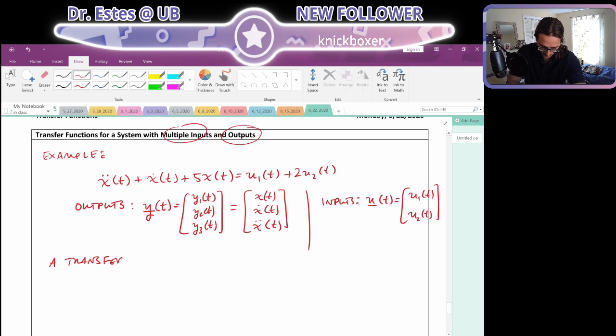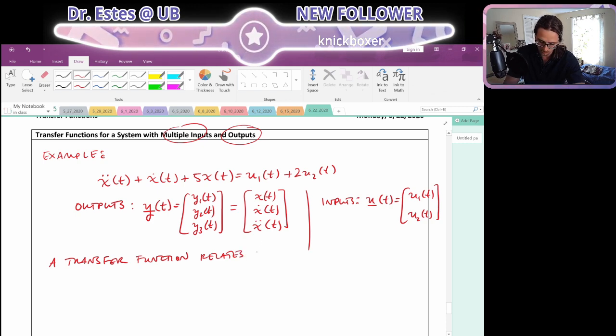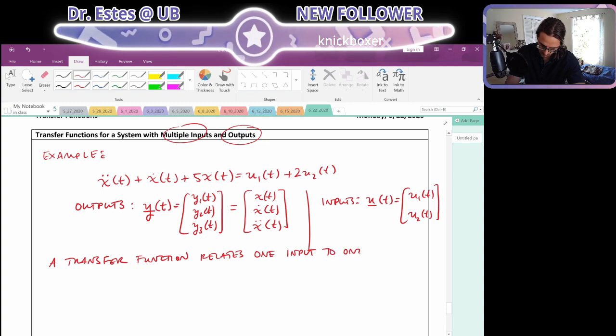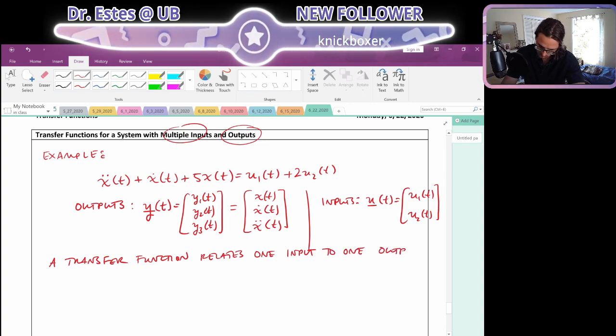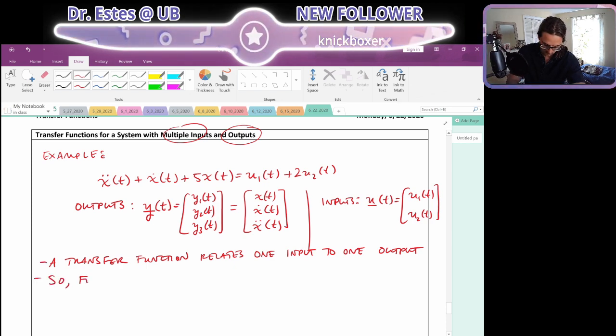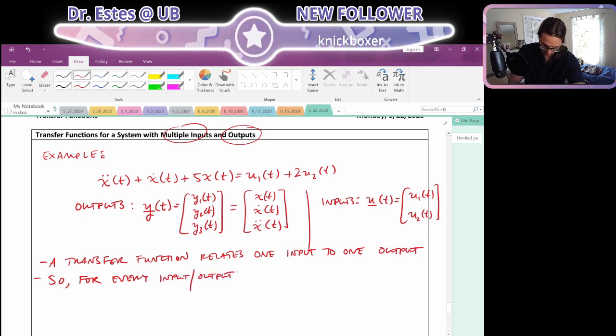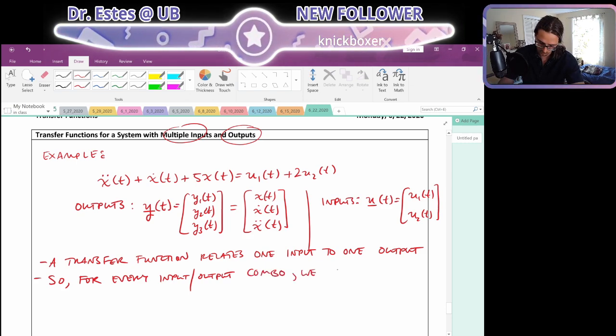So here's the thing about transfer functions. A transfer function relates one input to one output. So for every input-output combination, we can define a different transfer function.